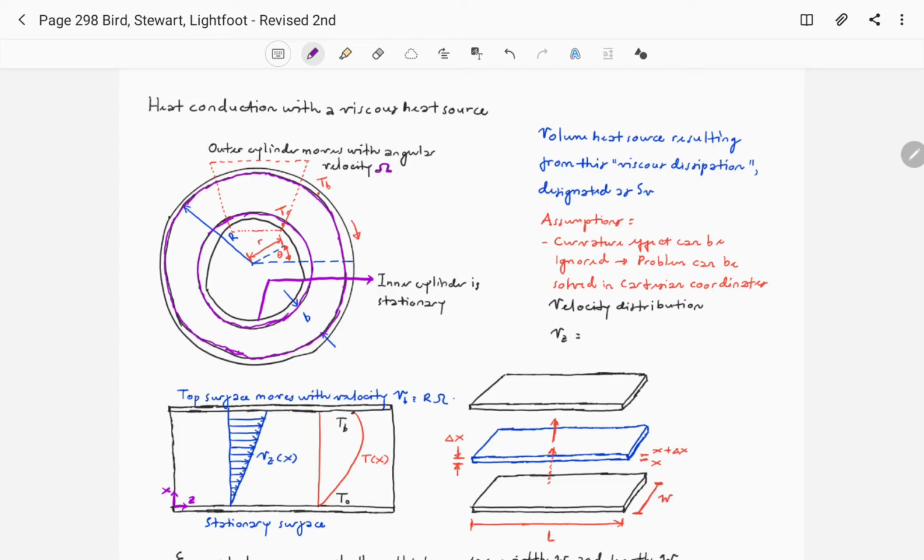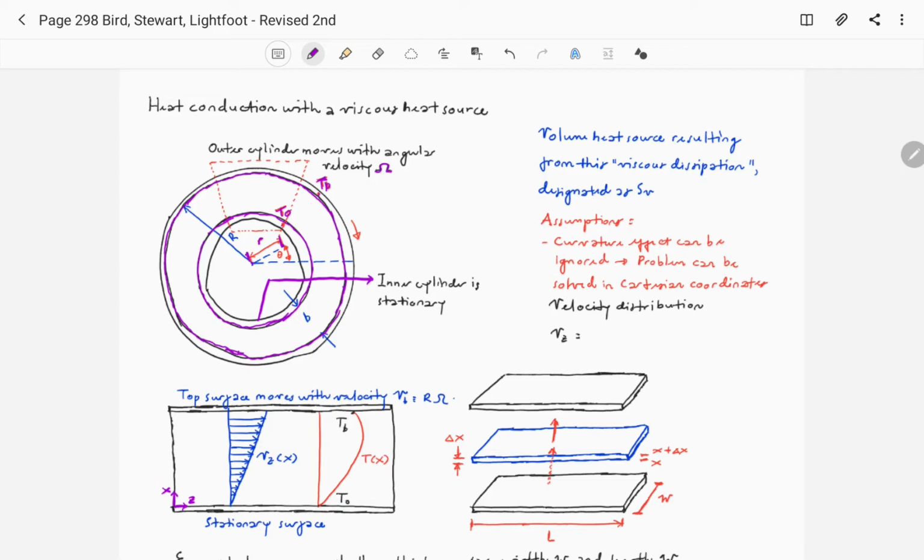The surfaces of the inner cylinder are maintained at a temperature of T0, and the outer cylinder surfaces are maintained at a temperature of Tb, and T here is a function of r. So here we show that r is any particular radius.